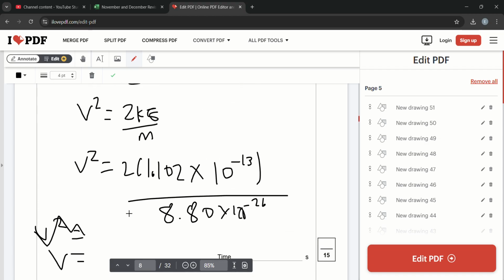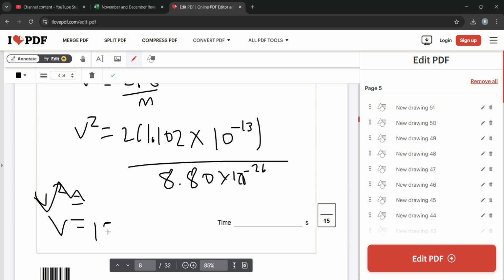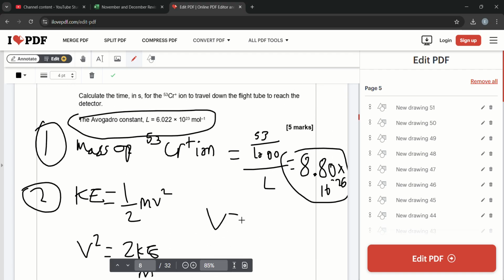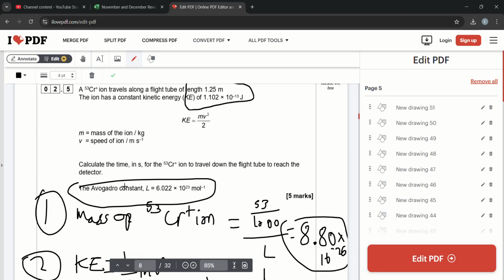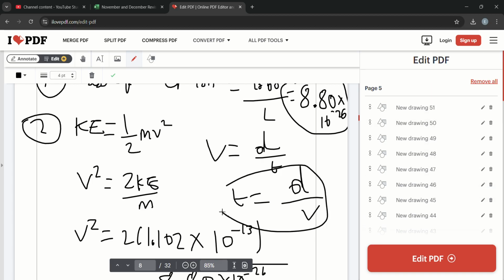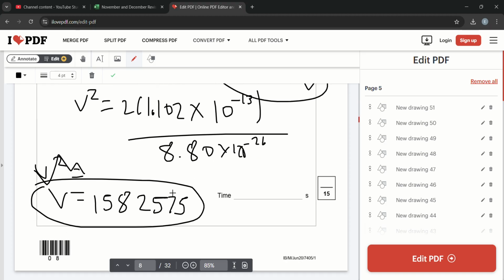But just for this video, I'm going to show you guys what velocity is now. 1582575. Now how will this help us? Well, we know velocity is equal to distance over time. We're trying to find time. Therefore time is equal to distance over velocity.